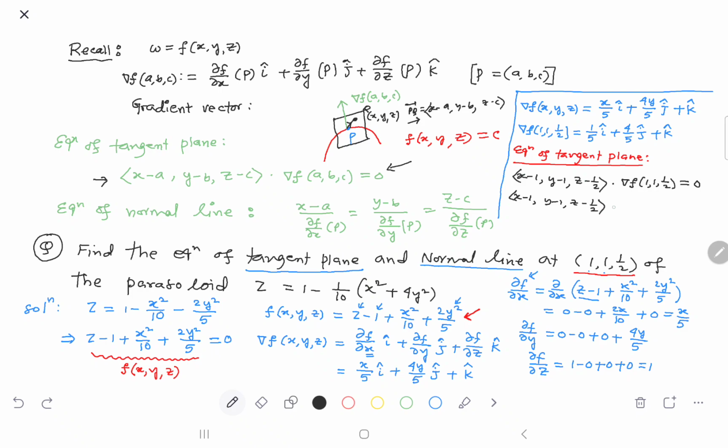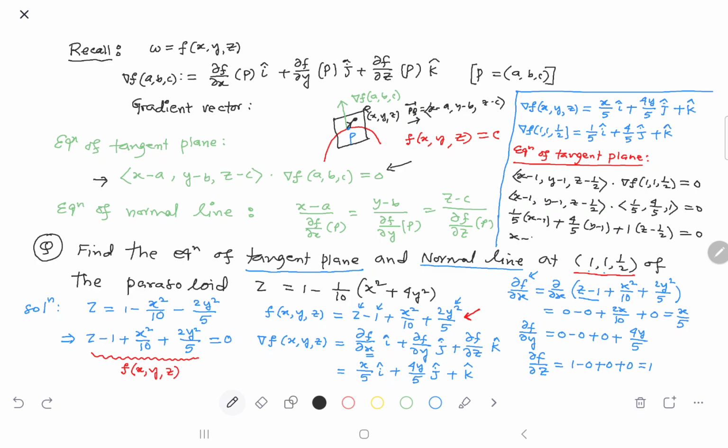So this vector (x minus 1, y minus 1, z minus 1/2) dotted with the gradient, which is (1/5, 4/5, 1), is 0. Mayan, clear? Yeah. You know how the dot product is defined: 1/5 times (x minus 1) plus 4/5 times (y minus 1) plus 1 times (z minus 1/2) equals 0. Now to simplify, let me multiply both sides by 5 so we can eliminate the 5 from the denominator.